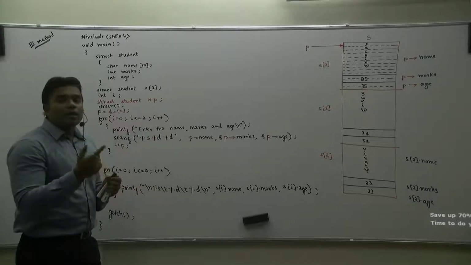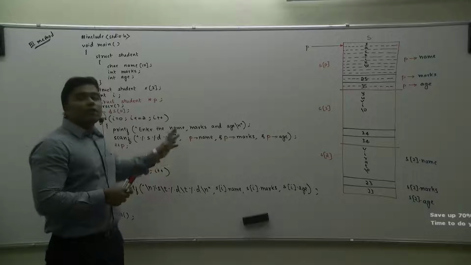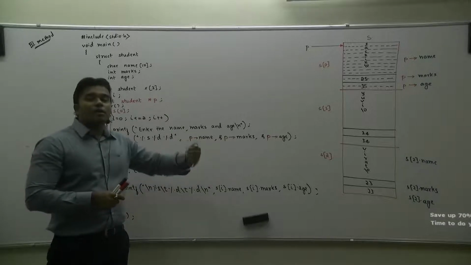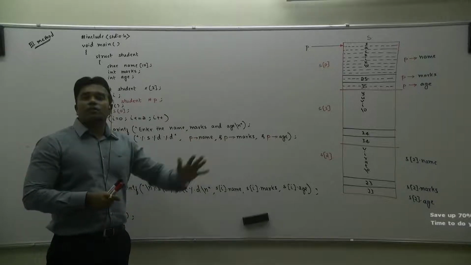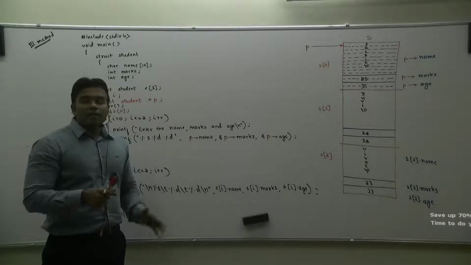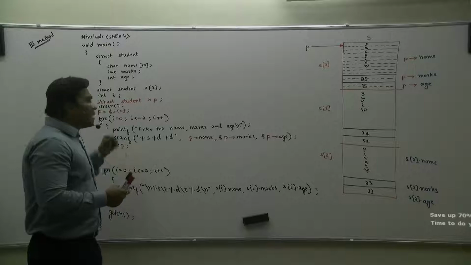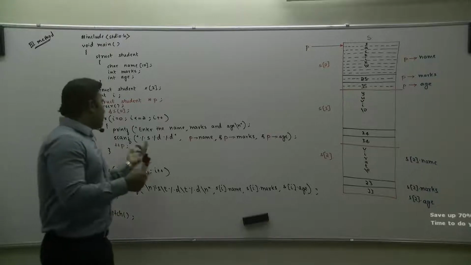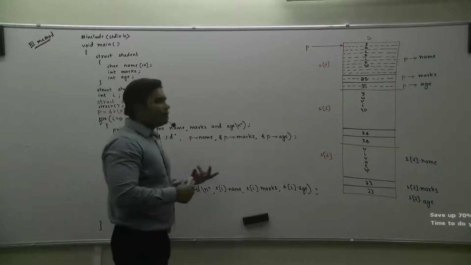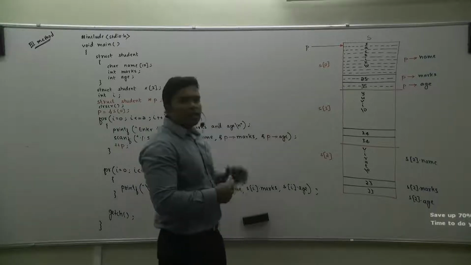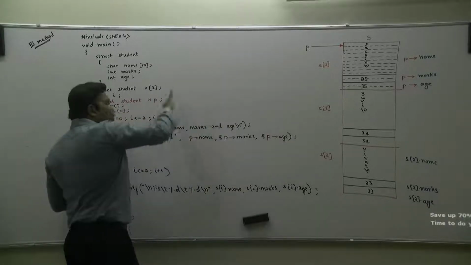You are using pointer. Last time you were telling S of I. So first time S of 0, next time S of 1, next time S of 2 it was becoming. But this time I am not actually using I, I am using the pointer. You should increment the pointer. Sir, what will happen if I don't increment the pointer? If you do not increment, the pointer will be there only, but the loop will loop.